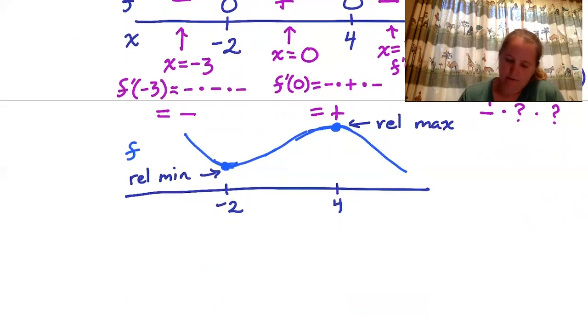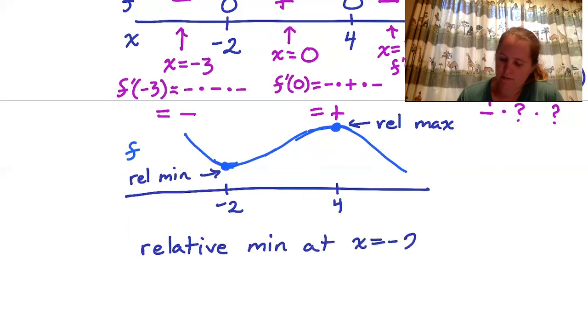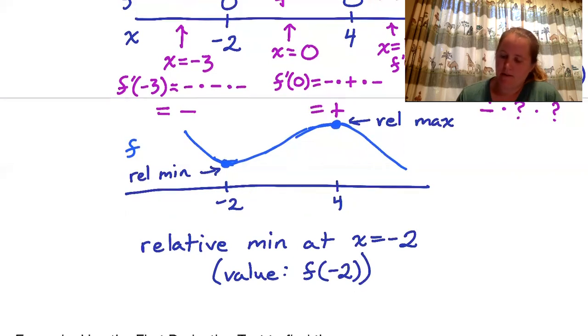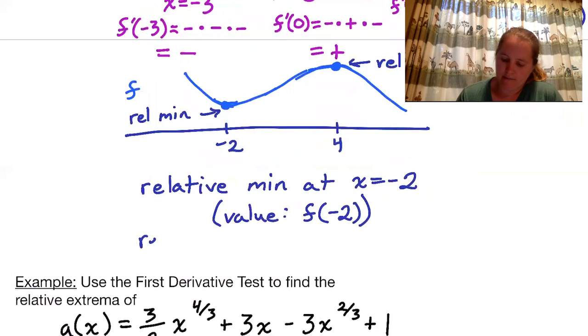So we have a relative min at x equals negative 2. The value would be f of negative 2. And we have a relative max at x equals 4.